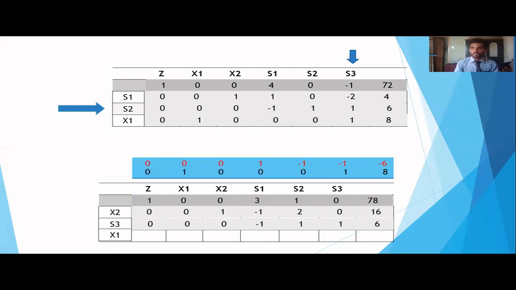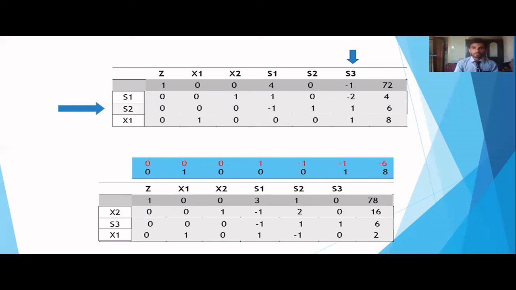Finally, we only need to transform the last element in the S3 column into 0. To do this, we multiply by -1 the pivot row and add it to this row, and we place the sum in the row of the third constraint. This is the fourth and last table.